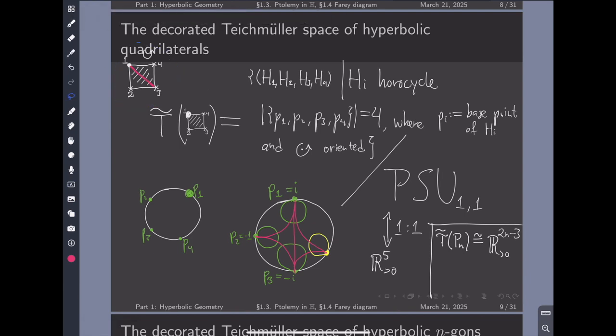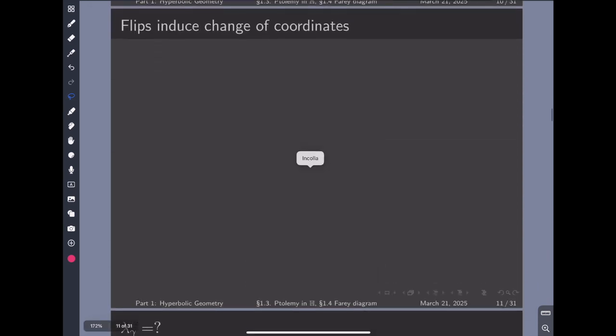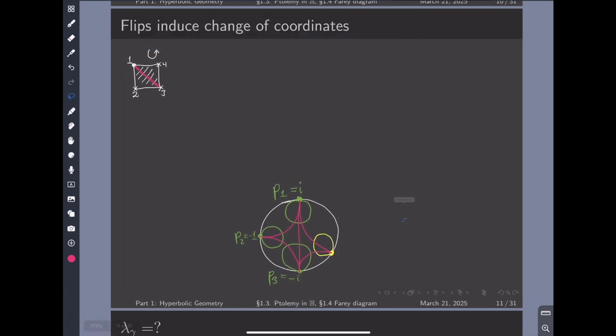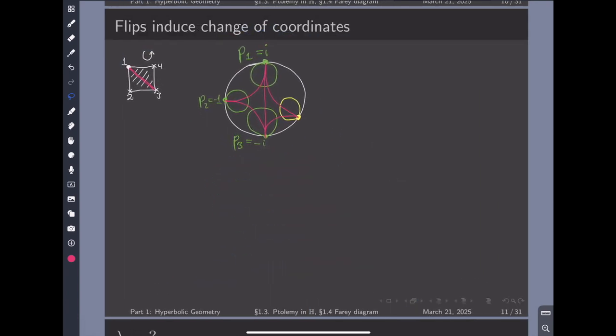So let me maybe copy this, which is legal, right? One could have said, don't take this combinatorial triangulation. Take the other one. So let me do copy paste.